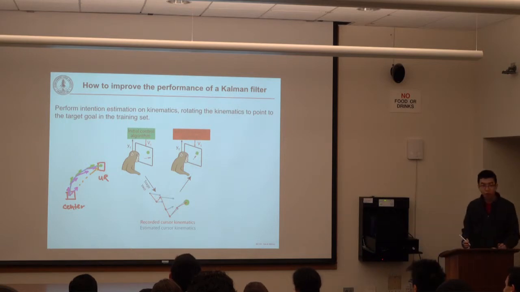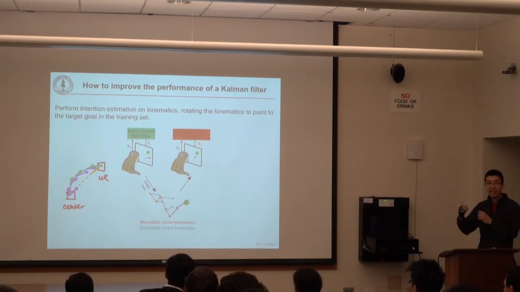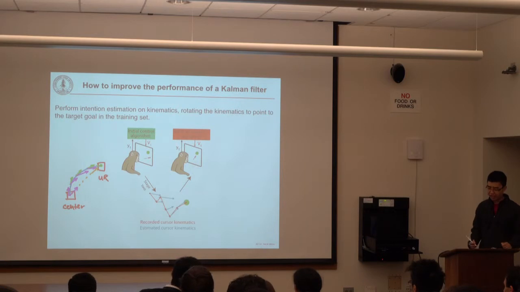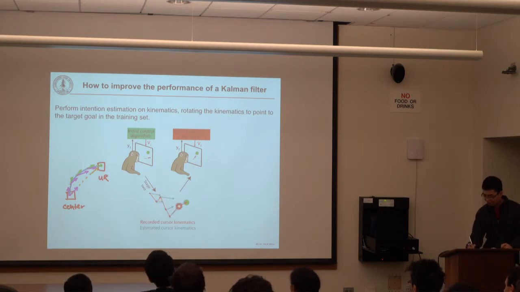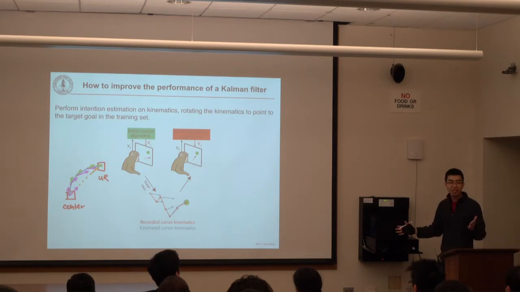Because that poor decoder makes many more errors, it would make errors as shown by this orange trajectory here, and for those errors, those are the velocities that they corrected. When you're making this decode, the cursor would jitter like this towards the target, but that error is introduced by imperfections in the decoder. So they took all these velocity vectors and pointed them towards the target. This is just a modification in the training set.